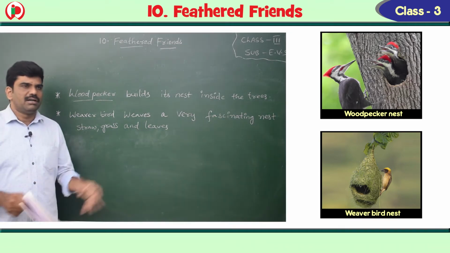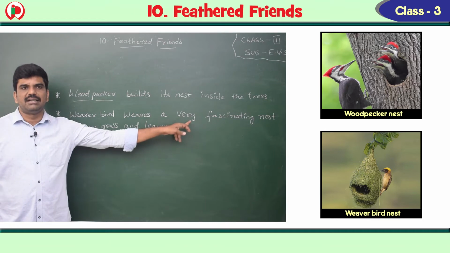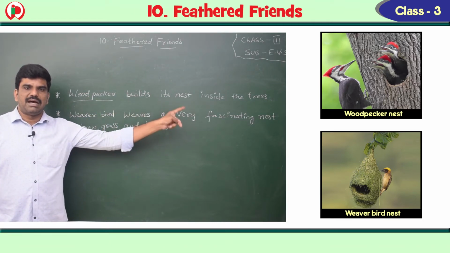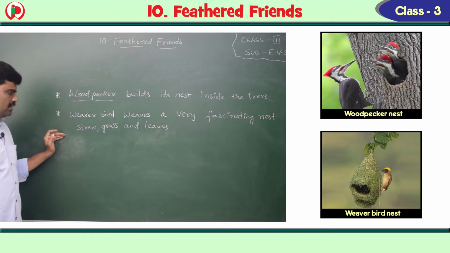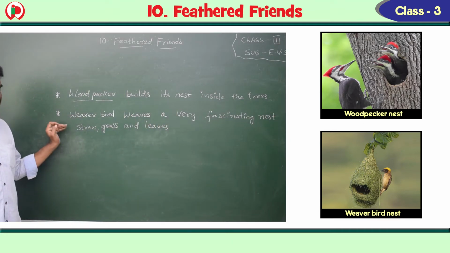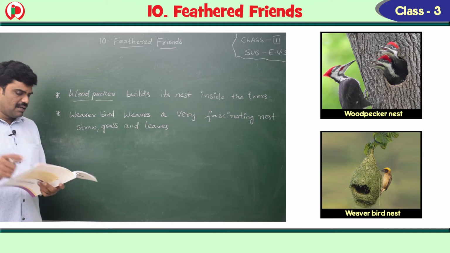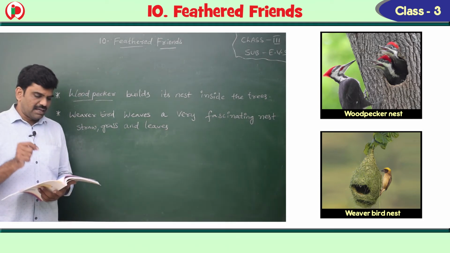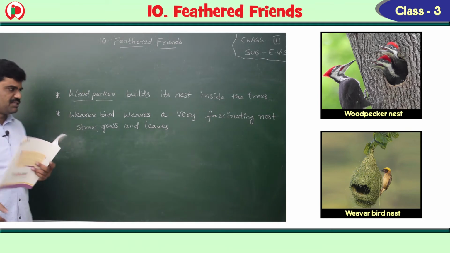Weaver bird weaves a very fascinating nest, and here straw, grass and leaves are used in weaving the nest. The nest hangs from the branch of a tree.